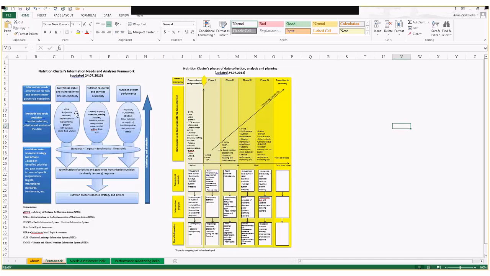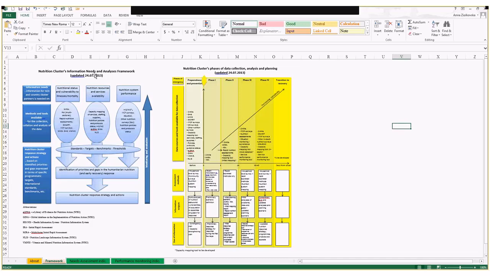The first one is nutritional status and vulnerability to illness and mortality, which is actually a measure of the nutrition status of the population, such as, for example, global acute malnutrition or micronutrient deficiencies or exclusive breastfeeding rate. This is normally measured through surveys or assessments, and it's measured not on a monthly basis, but on a 6 monthly or yearly basis.